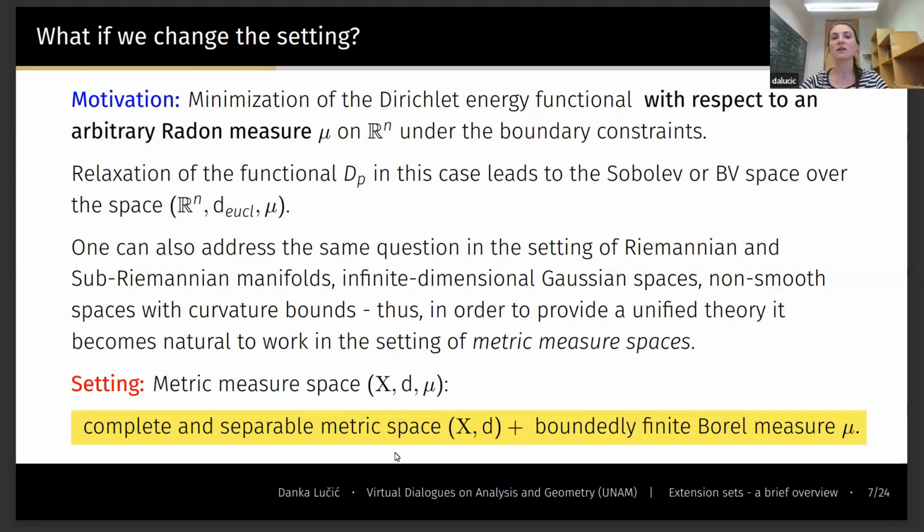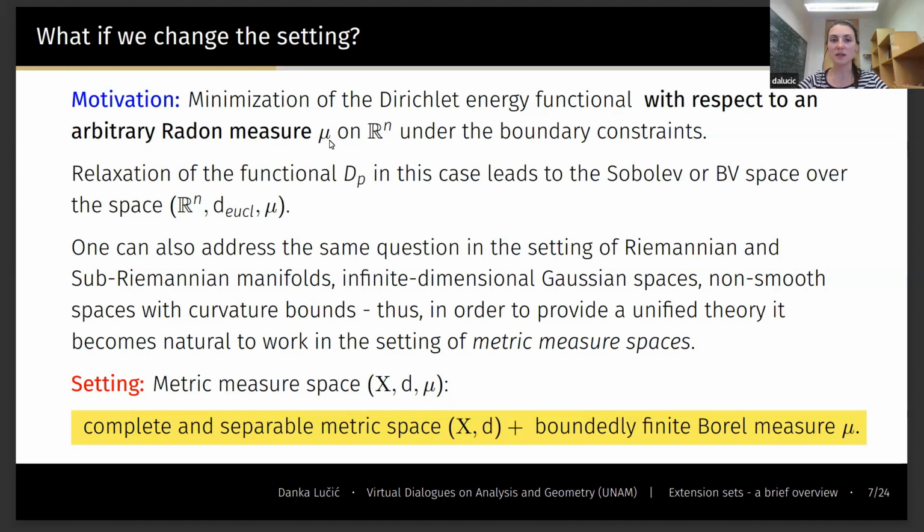Over this domain, you would like to find the best temperature profile, which is represented by your function u in the Sobolev space, and you find this temperature profile by minimizing the Dirichlet energy, integrating over the whole domain with respect to the measure mu, because this is representing your conductivity property.